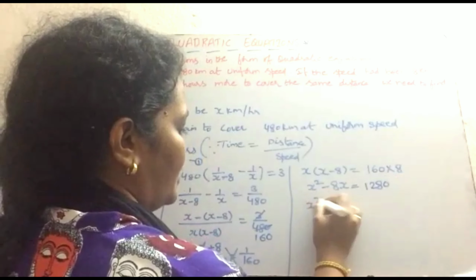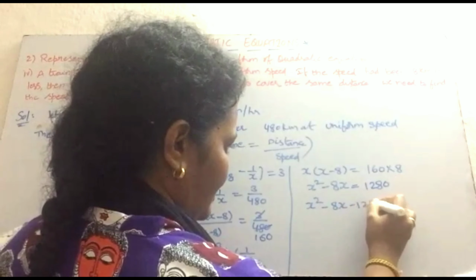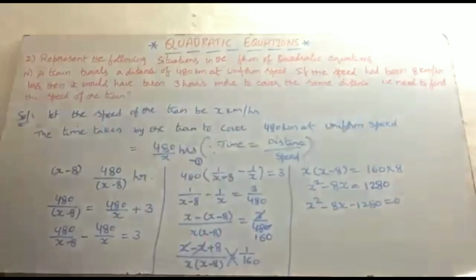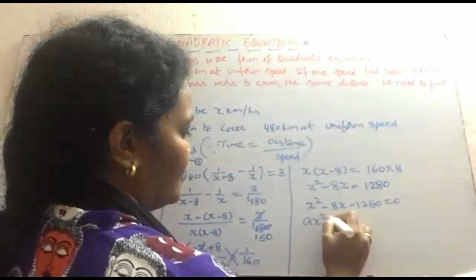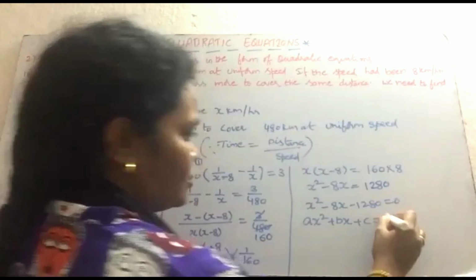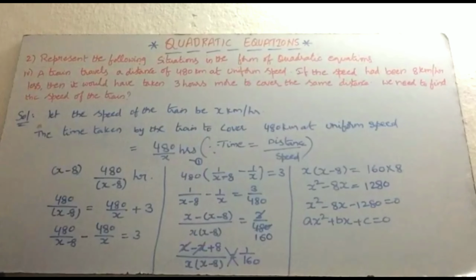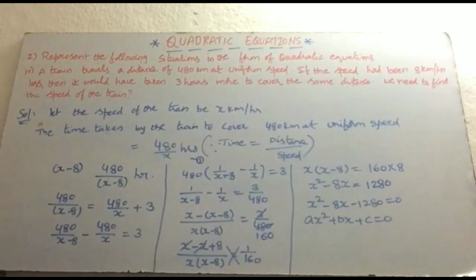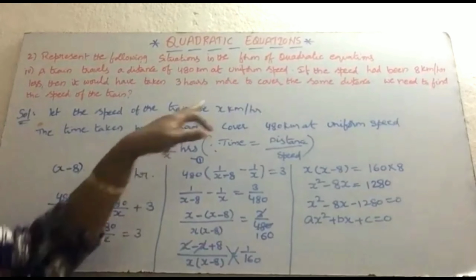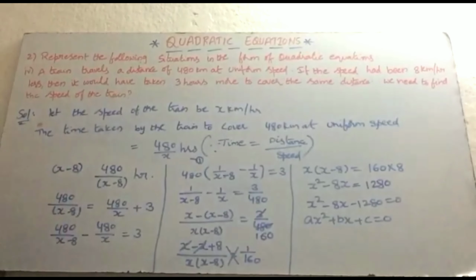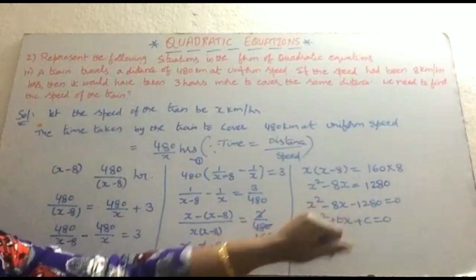So x squared minus 8x minus 1280 is equal to 0. This is in the form ax squared plus bx plus c equals 0. So therefore the uniform speed of the train satisfies the quadratic equation.